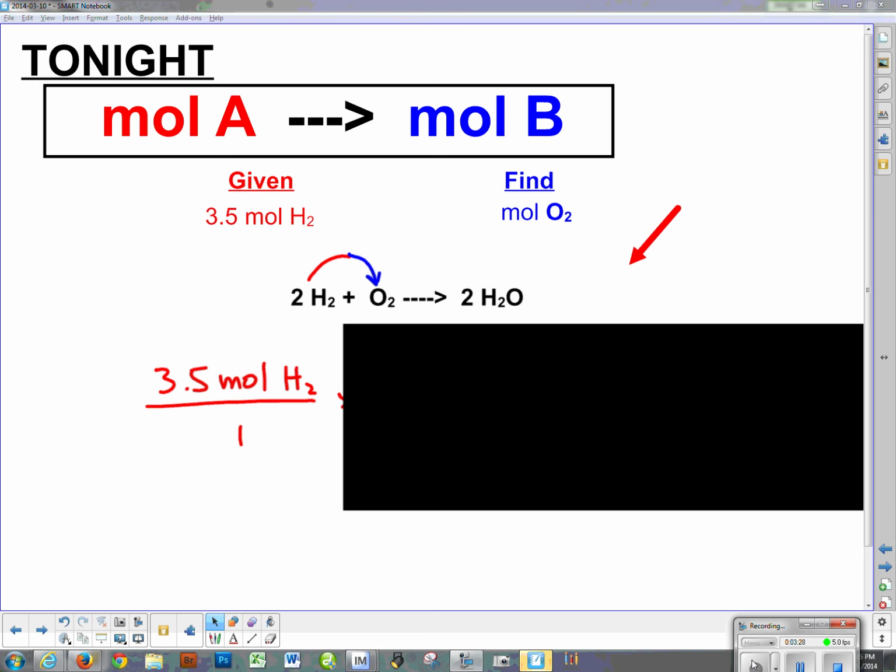So Lizzie, can you tell us what has to be on the bottom of the next fraction? I'm asking you to focus on units of measure and substance. What has to be on the bottom?